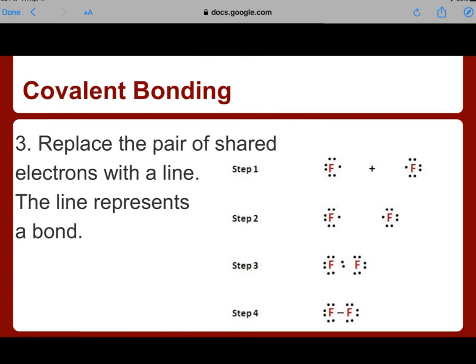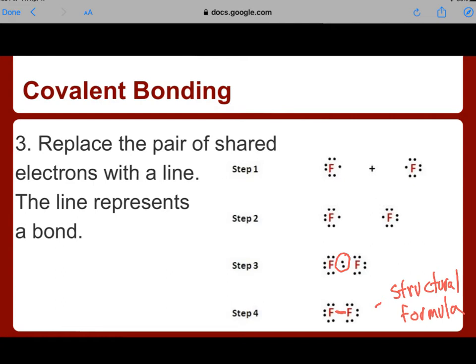Now if we want to take it one more step and write the structural formula, we need to replace these shared electrons with a bond. So 2 electrons shared represent 1 bond.